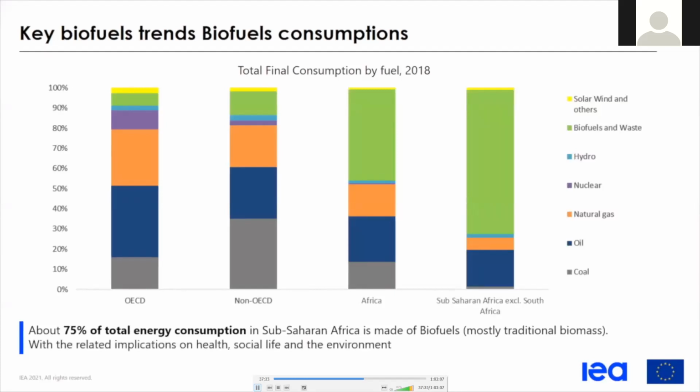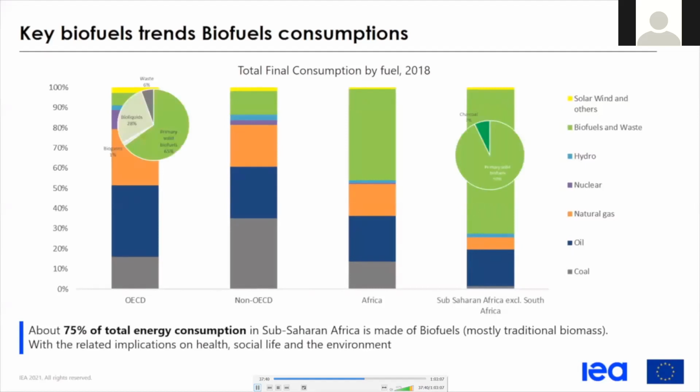This has implications on health, on social life, and also on the environment of those countries because of deforestation and maintenance of the area for the populations. And if we have a look at those biofuels, a large part, 93%, is made of primary solid biofuel, and a lesser part, around 7%, of charcoal.